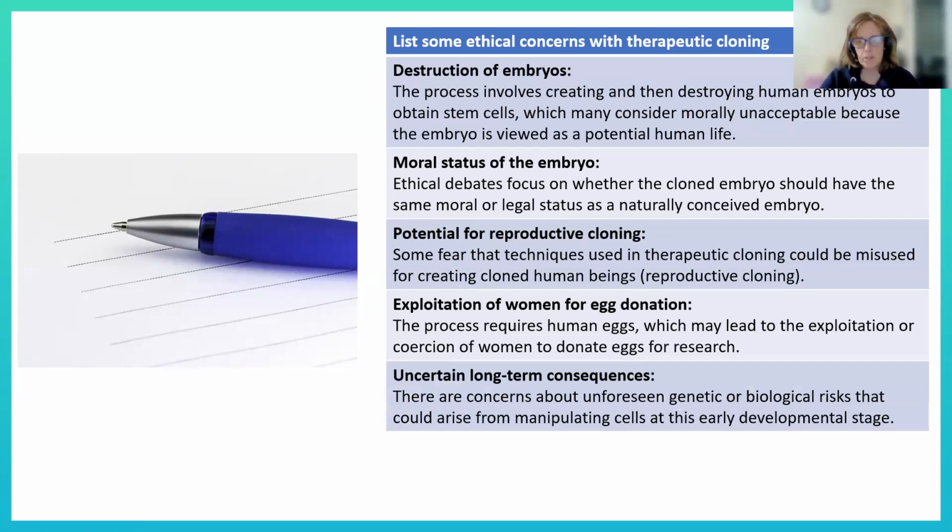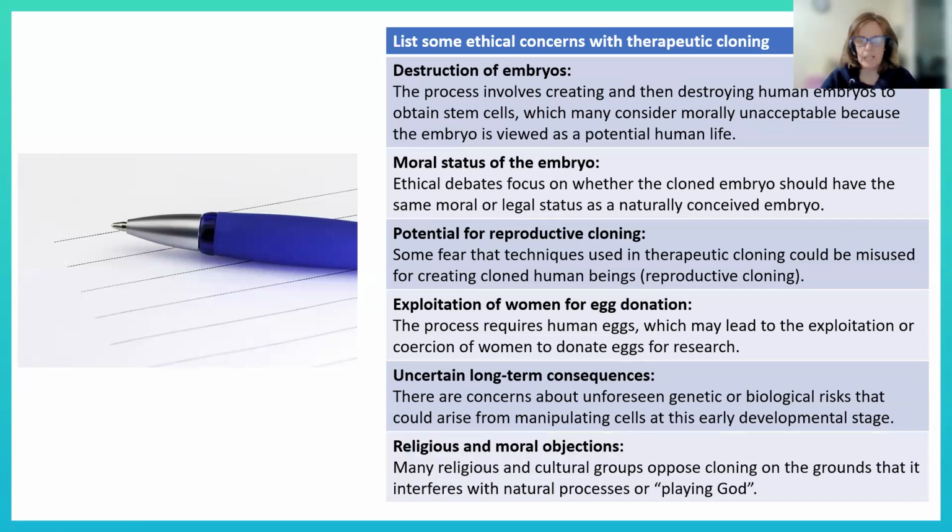And there are concerns about the unforeseen genetic or biological risks that could arise from manipulating cells early in the development. So there could be harm to the patients who have these cells used in their bodies. We're not sure. It's a very early stage in this sort of treatment. We don't know what the potential is for cancers, maybe, for example.